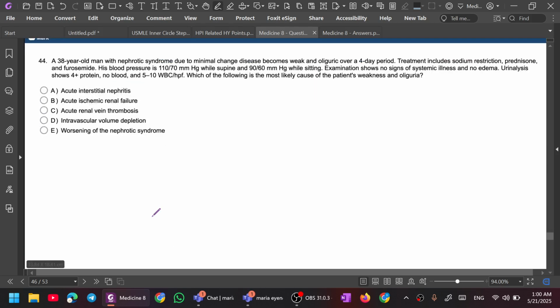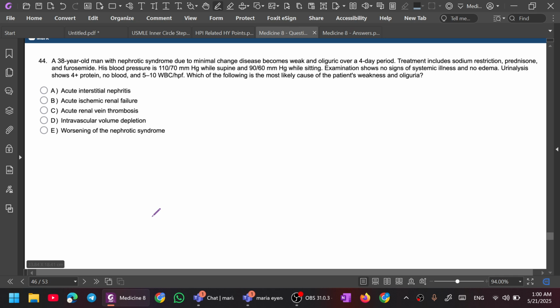A 38-year-old man with nephrotic syndrome due to minimal change disease becomes weak and oliguric over a 4-day period. Treatment includes sodium restriction, prednisolone, furosemide. His blood pressure is 110 by 70 millimeters of mercury while supine and 90 by 60 while standing.